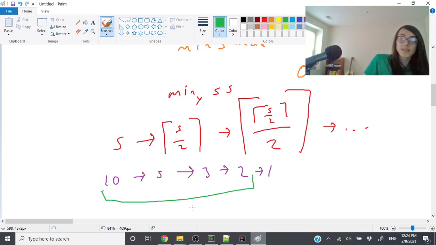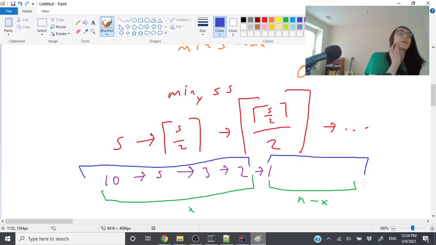So really, if this is x, if we use x elements in the initial stage, then we have n minus x ones. So the answer for the minimum is the sum of these plus the remaining number of ones we have. And whenever we hit a 1, we know everything else is going to be a 1, so we can stop. So basically we just naively compute the last few elements.